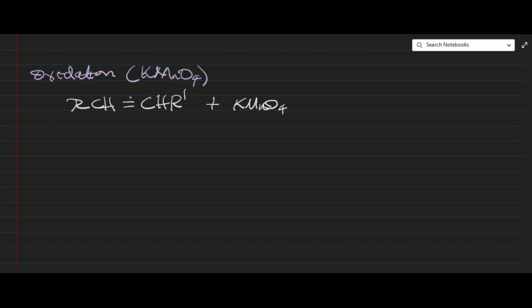KMnO4. If you like, you can write it this way. You can just put an arrow and then put your KMnO4 on top of the arrow. Same thing. So plus KMnO4, and don't forget, they may ask you what is the condition of the KMnO4. It is cold and dilute, because we can use hot concentrated as well too.